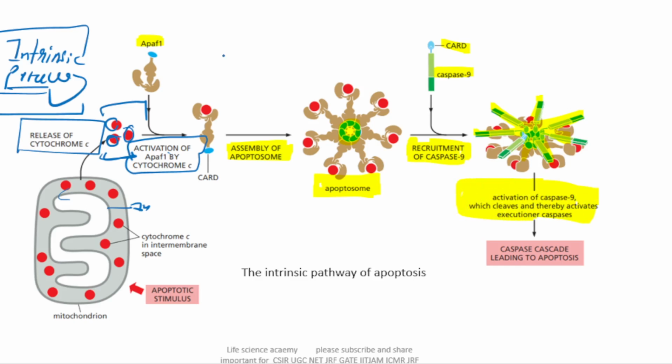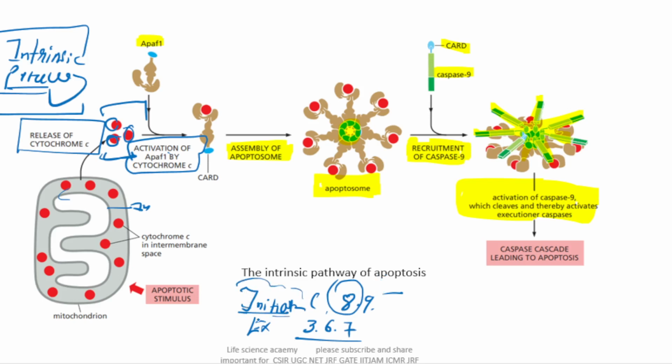As you all know, friends, the initiator caspases, which I have written, are 8 and 9, and the executioner caspases are 3, 6, and 7. So in the intrinsic pathway, the initiator caspase is caspase 9, and in the extrinsic pathway, caspase 8 is the initiator caspase.